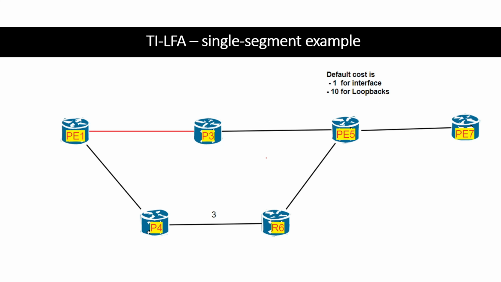In this scenario, it is going to push one label, one segment on the backup path. If we talk about the P space for P1, P1 and P4 are part of the P space.